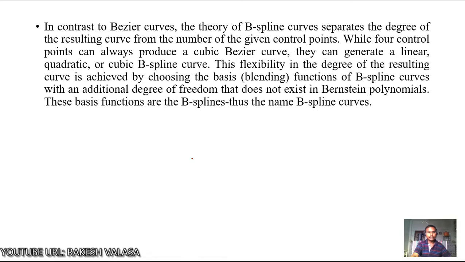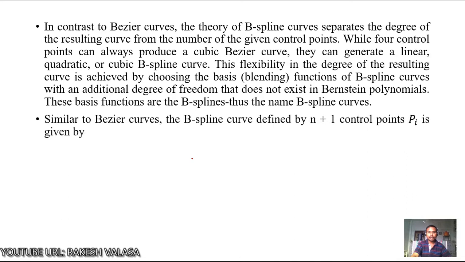Let us see the basis function of a b-spline curve. These basis functions are the b-splines, hence the name b-spline curves. Similar to Bezier curves, a b-spline curve is defined by n plus 1 control points. The b-spline curve P of u is given by P(u) equal to summation of i equal to 0 to n of P_i N_{i,k}(u). The parameter u ranges from u minimum to u maximum.